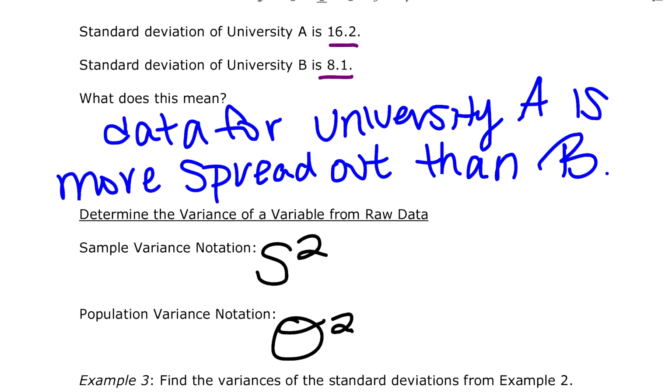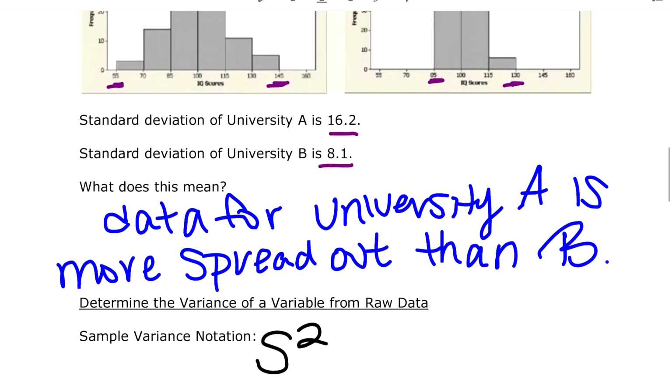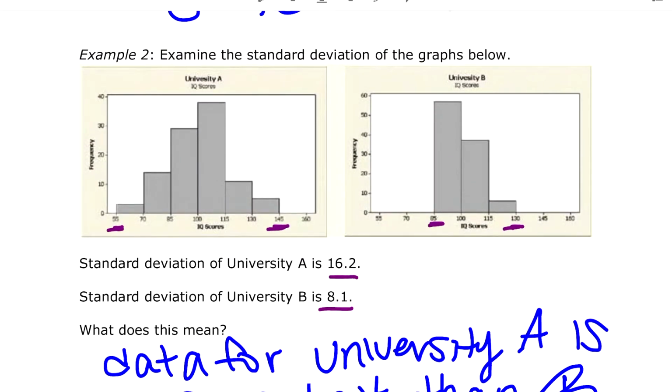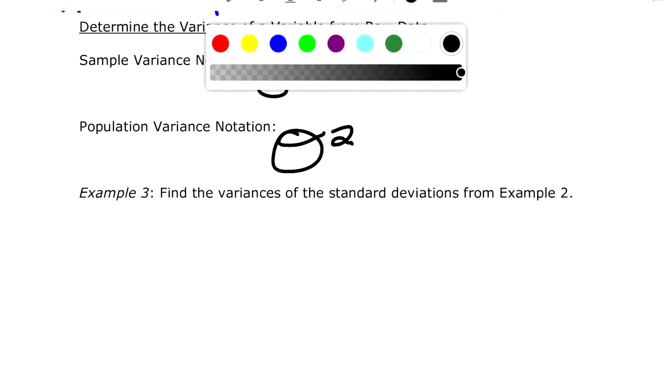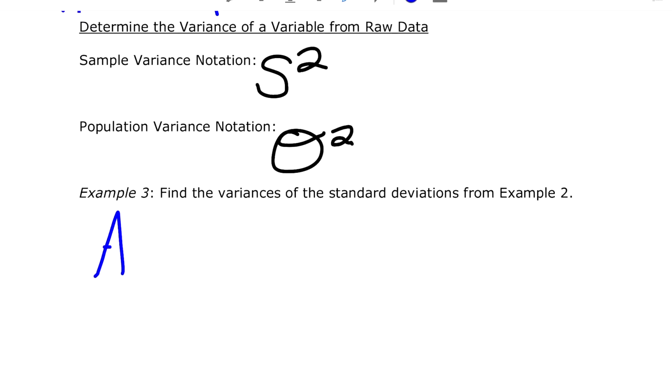So we're going to find the variance of the standard deviations from example 2. Example 2 was the University A, University B data that we had just right here. So we're going to find the variance of University A. So let's do University A in blue. University A, we're going to call this a sample because I don't know if it's a population.